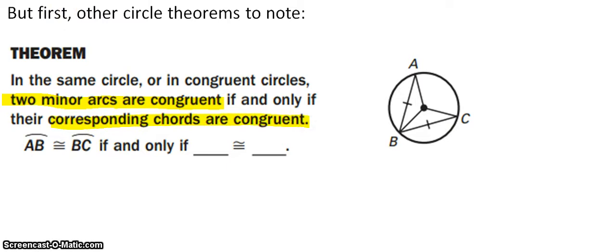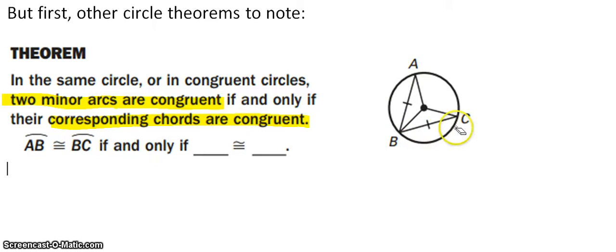So in plain English, if these two chords are congruent, then their intercepted arcs are congruent. The intercepted arc of AB would be this one, and for BC would be this one. Just by looking at this picture, you can kind of tell.